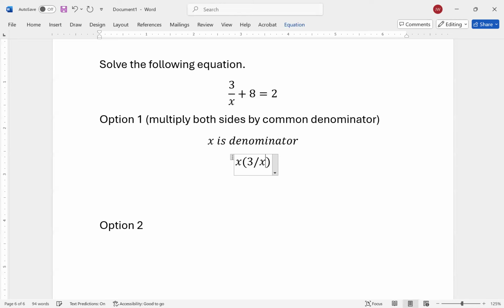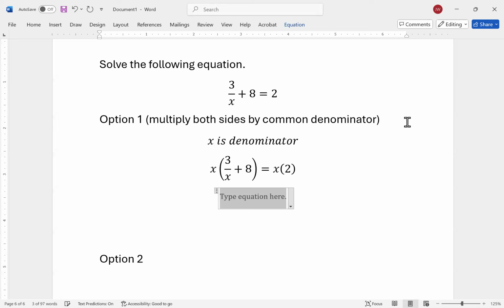I'm going to take 3 over x plus 8, and I'm going to multiply that entire side by x. And then I'm going to take x and multiply it by the other side, which is just 2. Now on the left-hand side, when I multiply that first term, I'll get 3x divided by x.